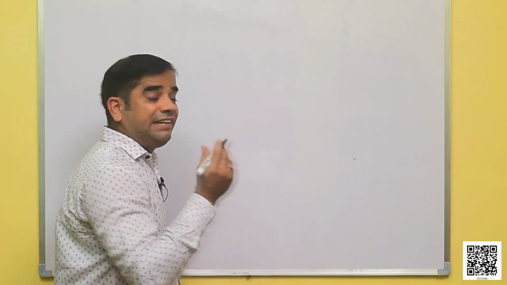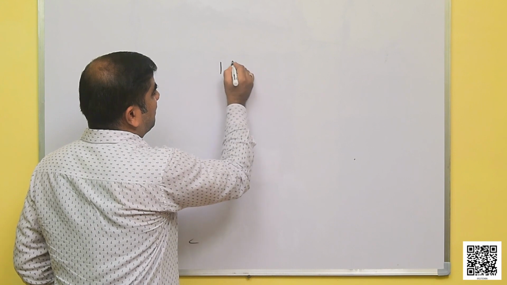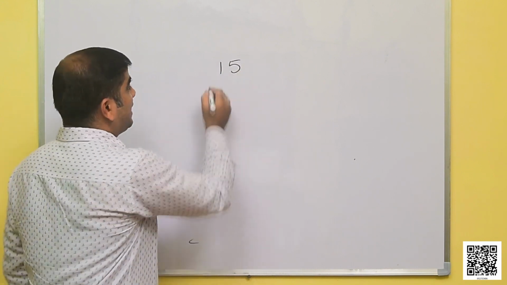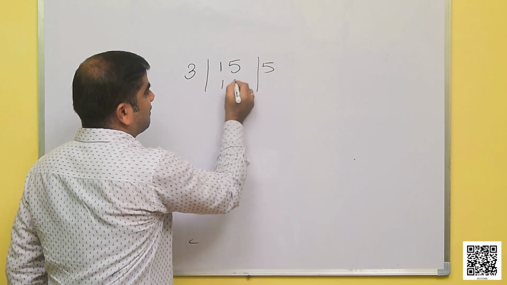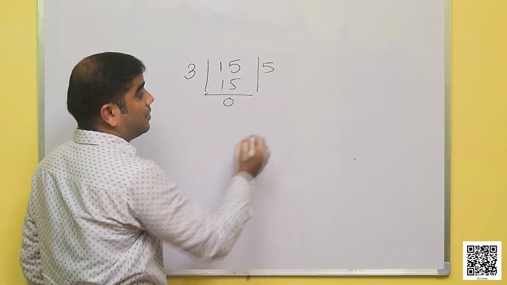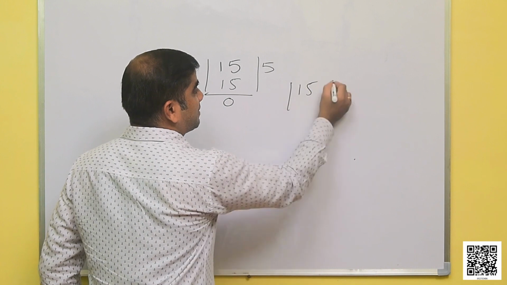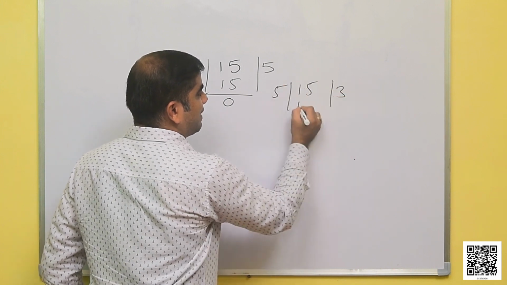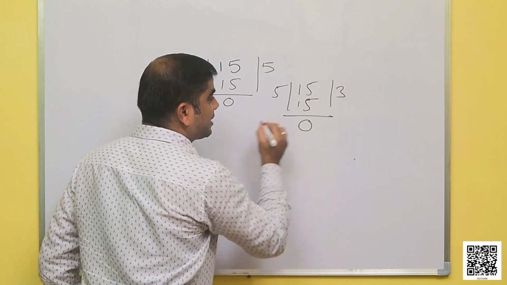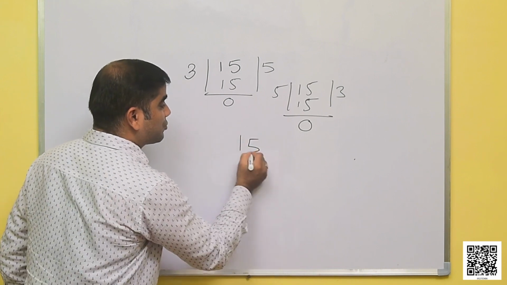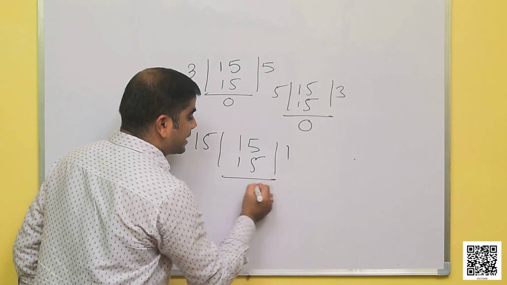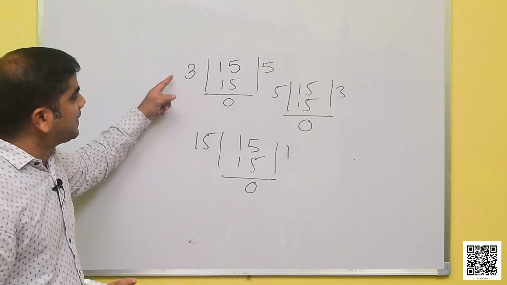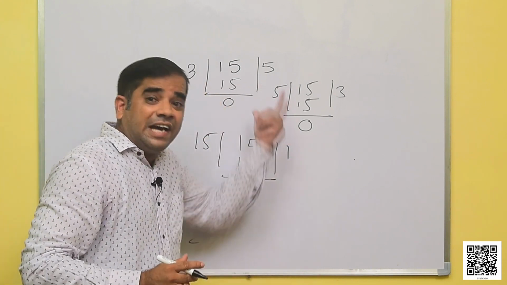We know about the divisions. For example, 15. 15 is divisible by 3. 5 threes are 15, remainder 0. 15 is also divisible by 5. 3 fives are 15. It also gives us 0. 15 is also divisible by itself, and it also gives the remainder 0. From this, see, we are finding out a relationship.